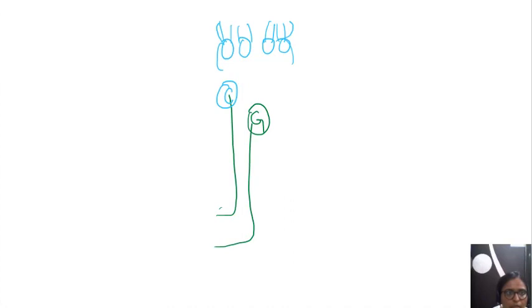If I draw here, wait. So let's take it small because we have very small space over here. So if we see, this is your fasciculus cuneatus because it is lateral, and it is your fasciculus gracilis.